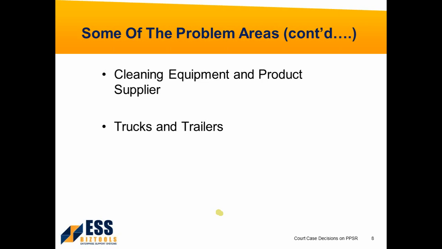The hiring business did not take steps to perfect their security interest, and that means they didn't register it on the PPSR. Liquidator was able to seize the trucks and trailers and sell them for the benefit of the secured creditor. That case did not involve a big business. The hirers were not a big business. And this type of situation could occur to a whole range of small, medium enterprises.